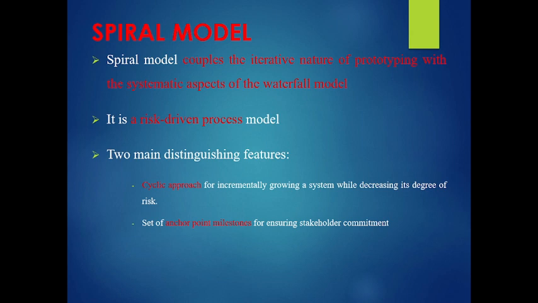This is an iterative nature of prototyping with the systematic aspects of waterfall model, and it is a risk-driven process model. If you are having any risk related project, we can suggest this type of model.